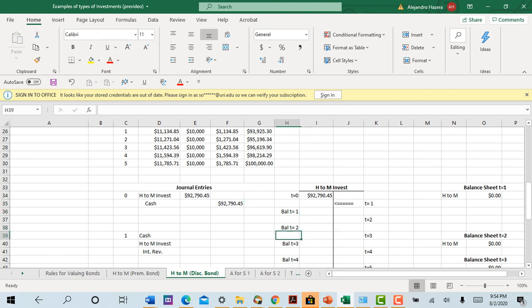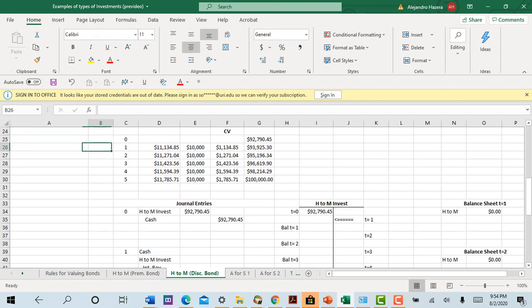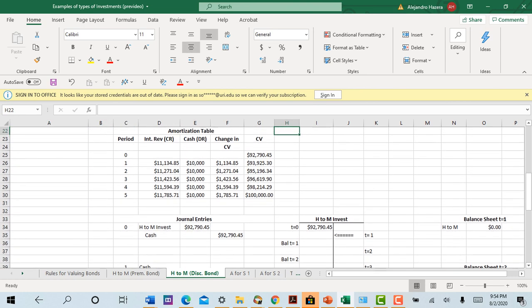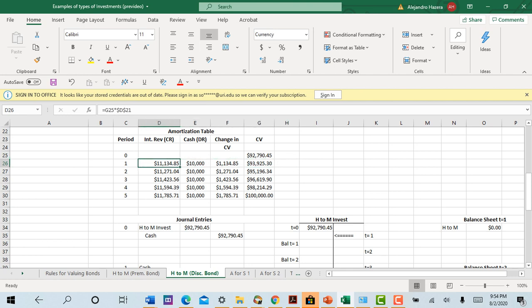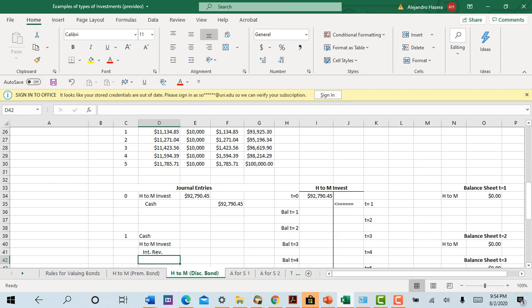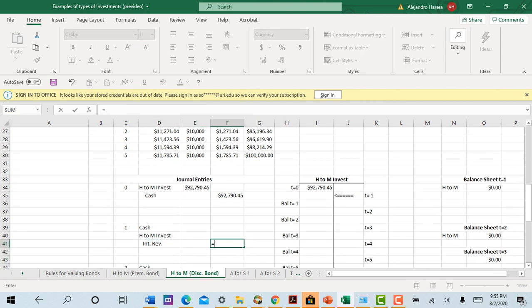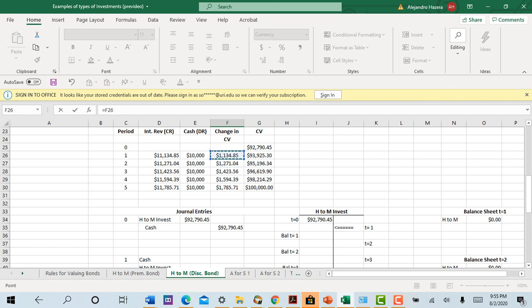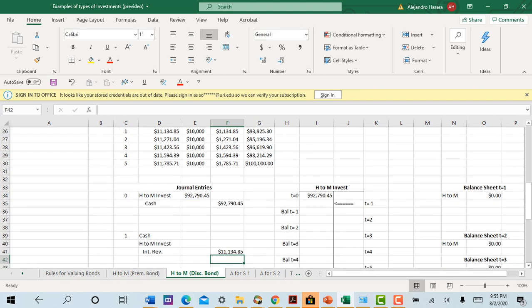So let's say we come over here, time period 1, and we're going to be pulling time period 1 numbers from the amortization table, from the year 1 line, obviously. Our interest revenue is going to be a credit for $11,000. That's a lot more revenue than we had last time, if you recall.